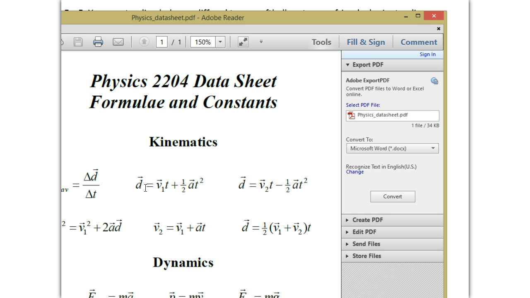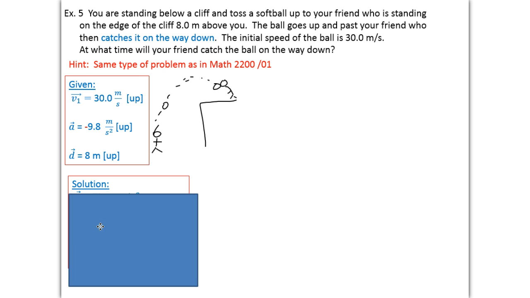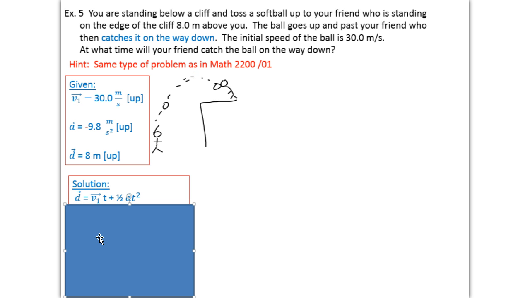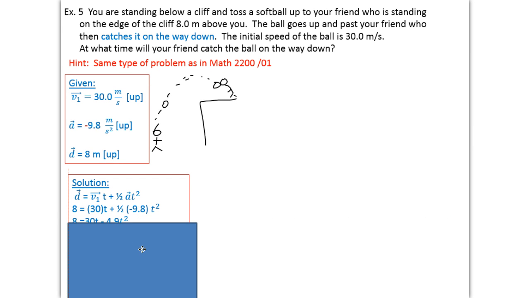If you copy down that formula and write in the information that you have, you have displacement, your initial velocity, and you need to find time. So if you take a moment now and just fill in what you know, you end up with this situation.